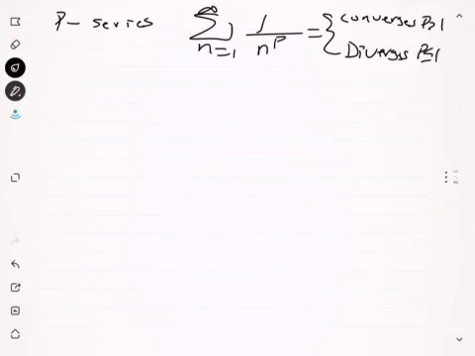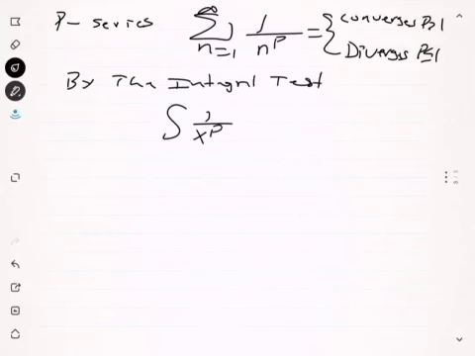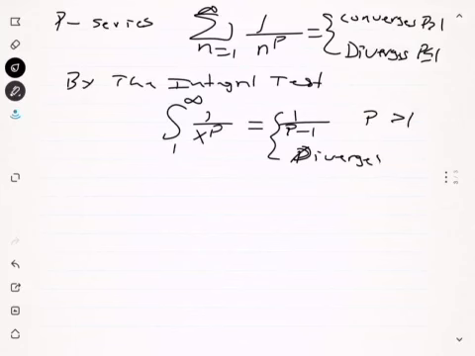So this is by the integral test, because you just have the integral of 1 over x to the p power as x goes from 1 to infinity. And remember this from section 8.8, this was the p integral, which is 1 divided by p minus 1 whenever p is bigger than 1, and this diverges whenever p is less than or equal to 1.